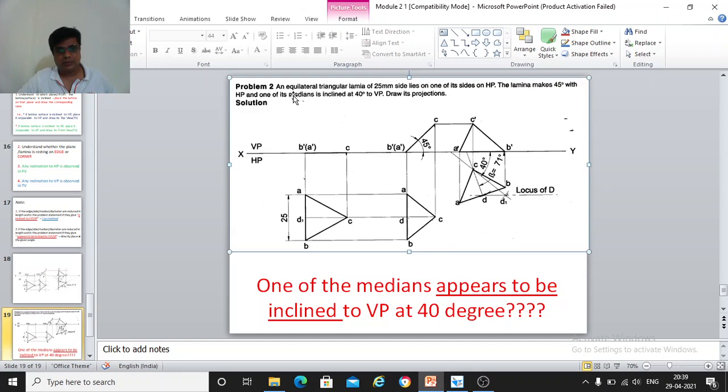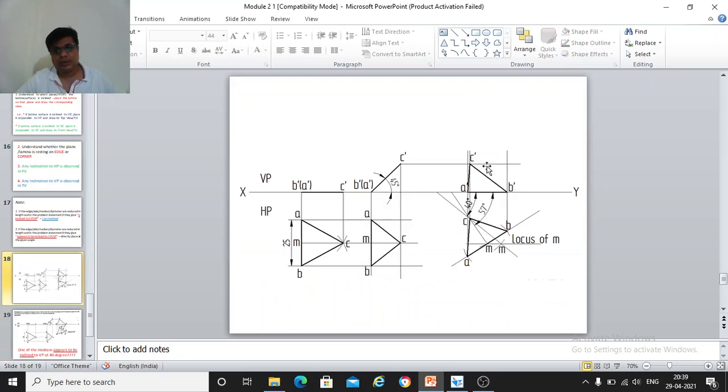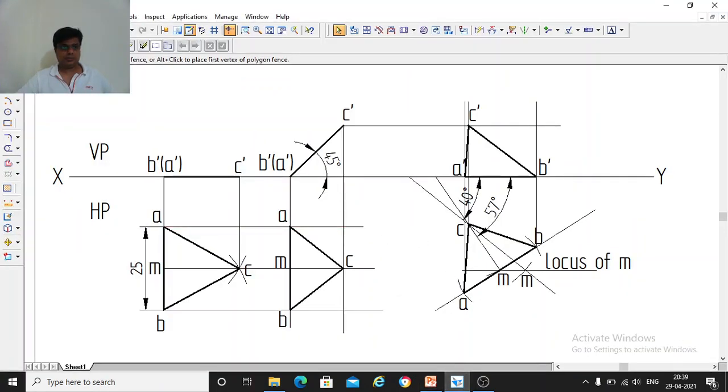If they give that the median is inclined at 40 degrees to VP, you follow the locus method. If they give that the median appears to be inclined at 40 degrees to VP, then directly you have to do it. So this part I am just removing now. We'll see how to draw this. Right, so let me save this.